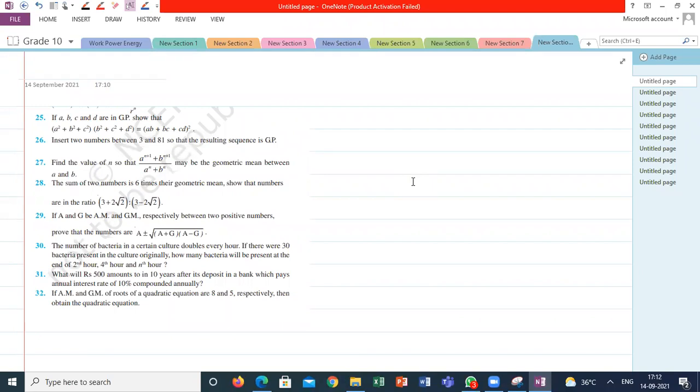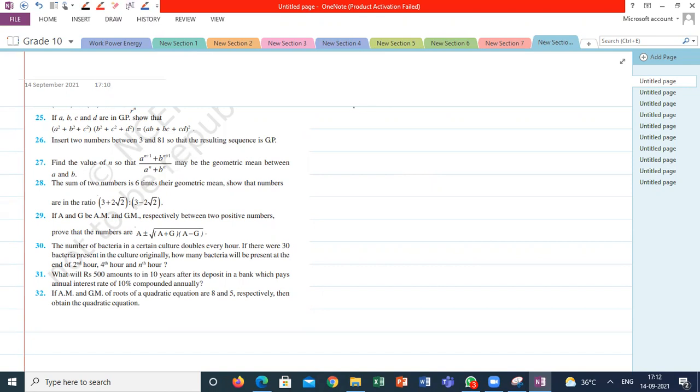Sir, B upon A equals C upon B equals D upon C. Correct. Suppose I'm taking A as the first term and R as the common ratio, then how can we relate all those things?